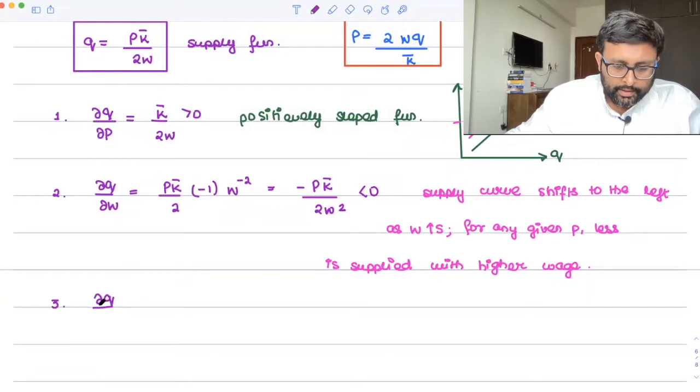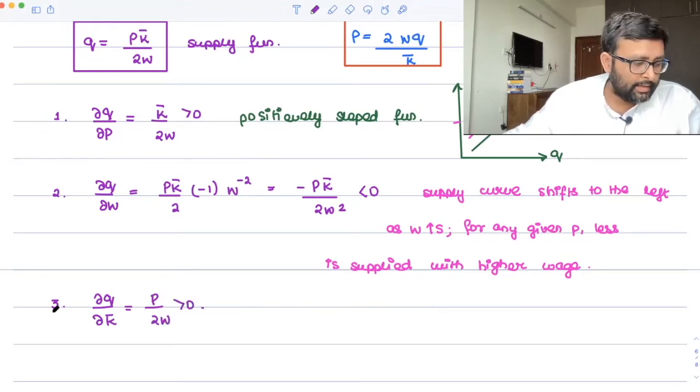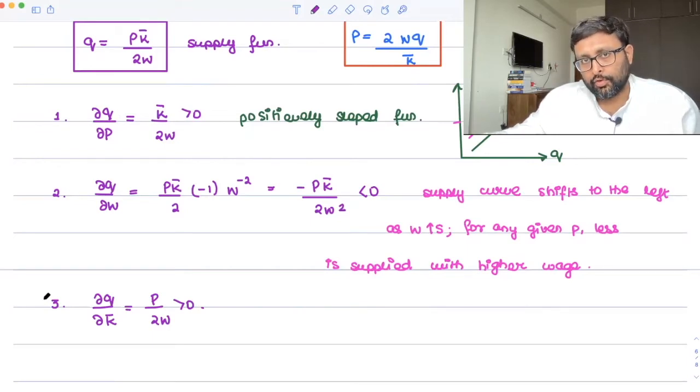Then del Q by del R, or del Q by del K, let's say. R is not important right now. Del Q by del K bar is just P upon 2W. That is greater than 0. So it shifts out. If more capital is being supplied in the short run, the MC curve is going to shift towards the right. That is, the supply curve is going to shift towards the right for any given price.